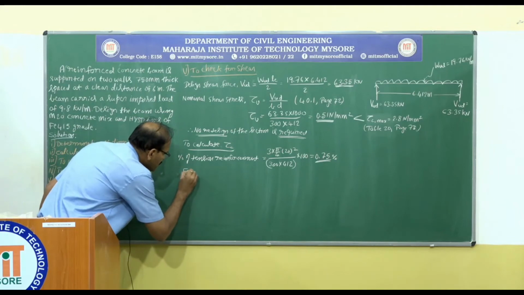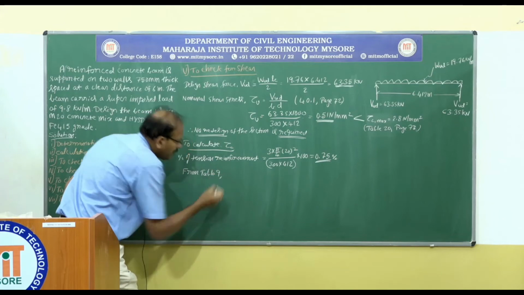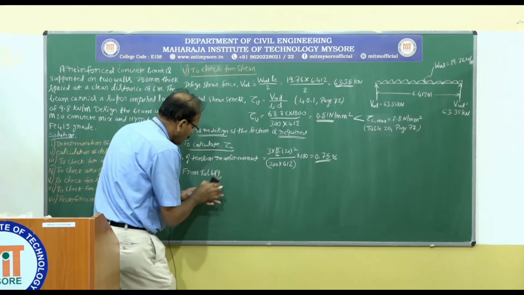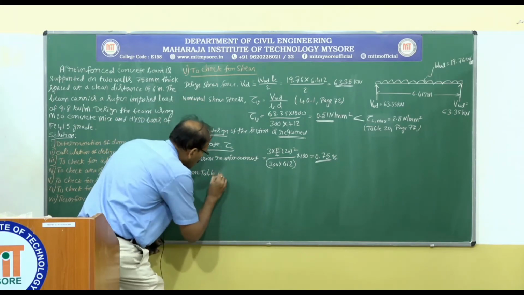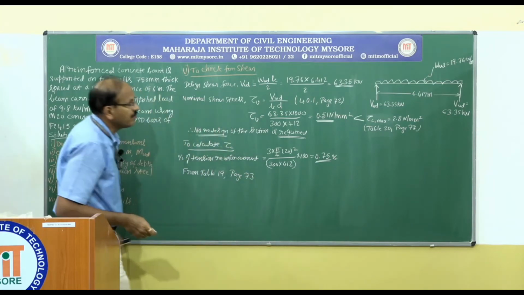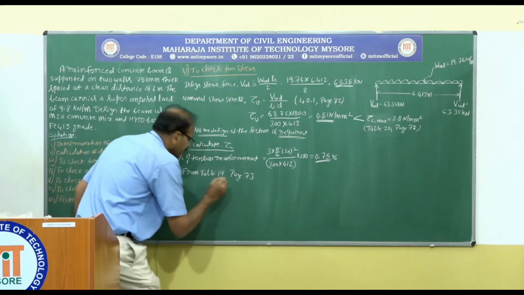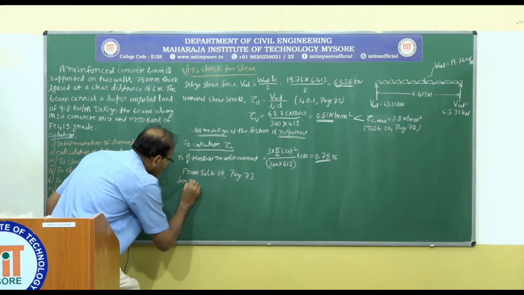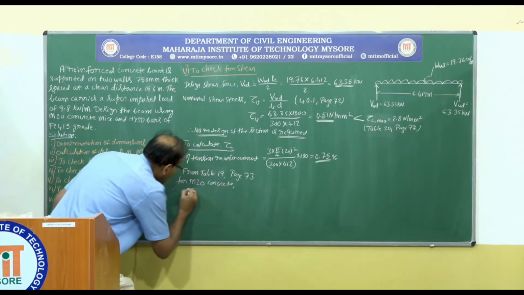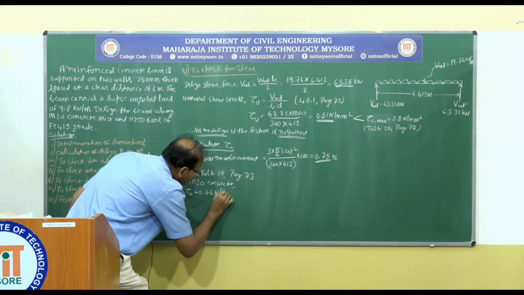From table 19, page 73, for M20 concrete, tau C equal to 0.56 Newton per millimeter square.